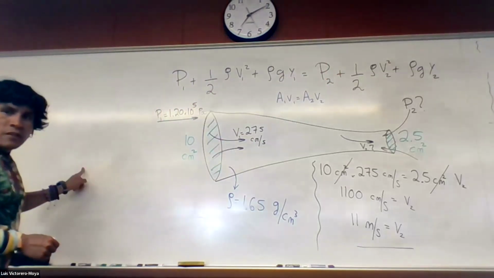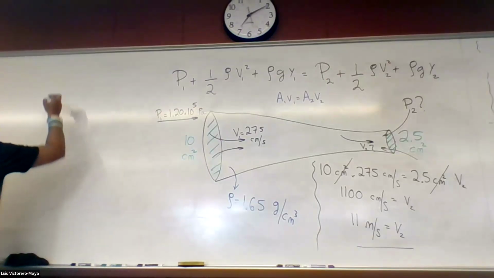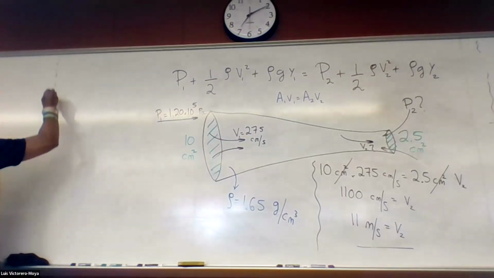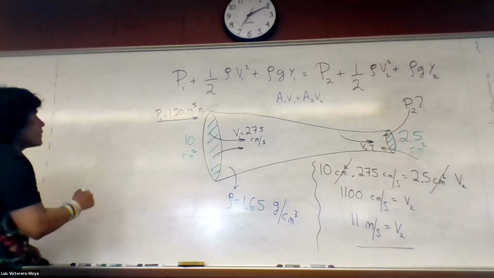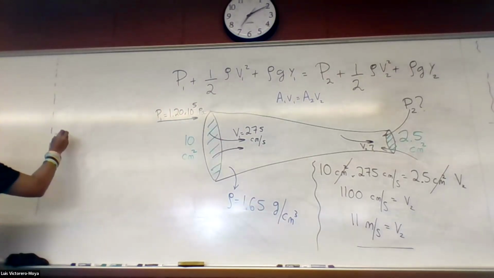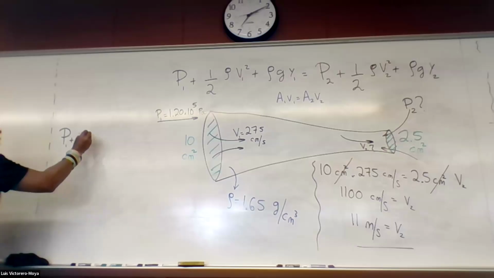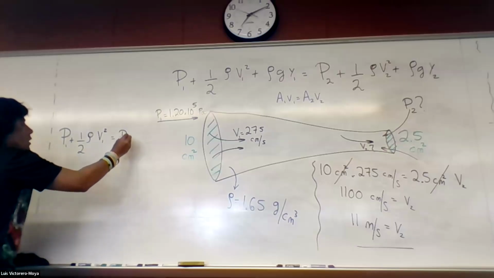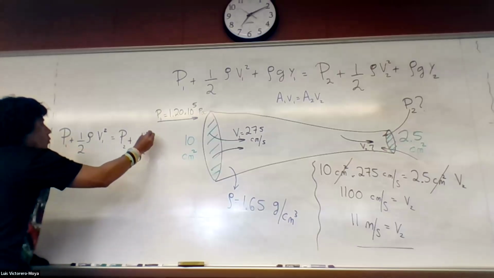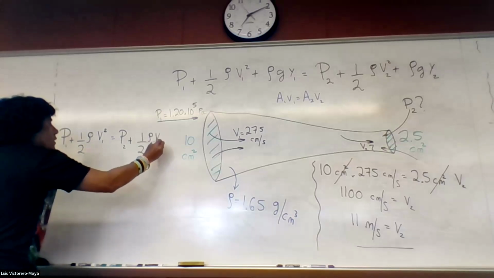So to find P2 using the Bernoulli equation, P1 plus 1/2 rho V1 squared equals to P2 plus 1/2 rho V2 squared.